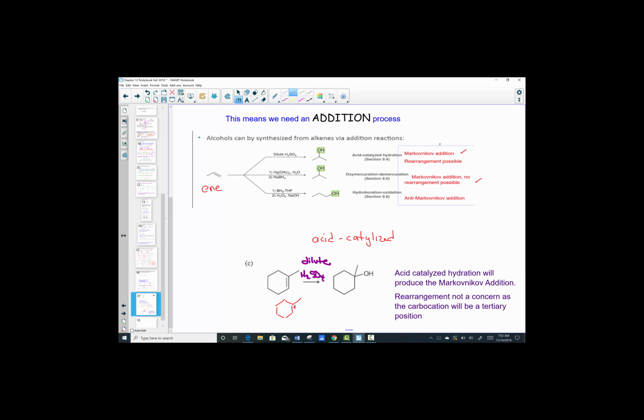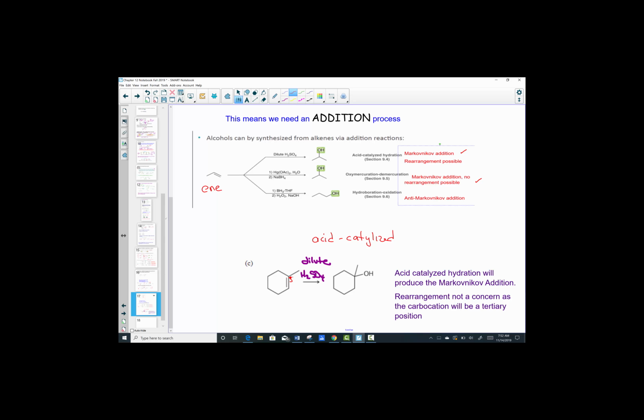And so therefore that intermediate, as we add on, it's going to create the most substituted product. So in our process here, we don't need to worry about rearrangements because the alcohol is adding on to the position of this tertiary carbon.